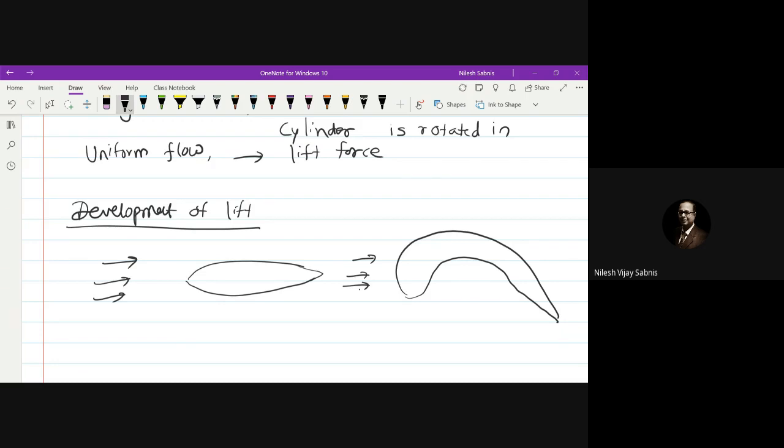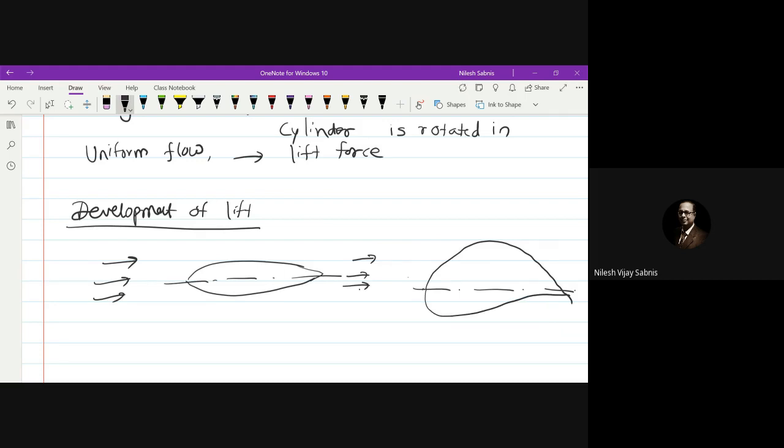An aerofoil is measured by the length between these points.